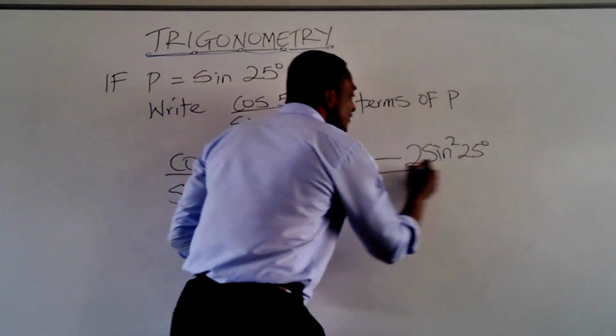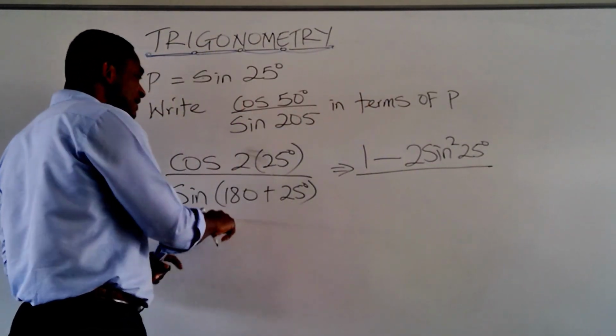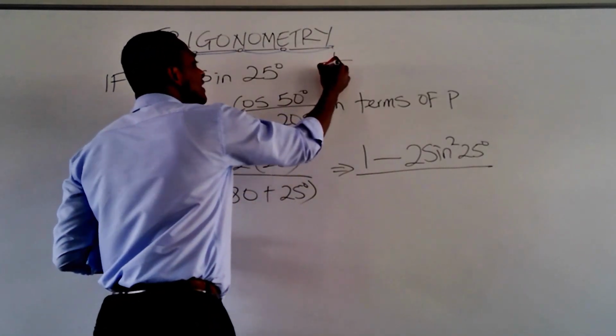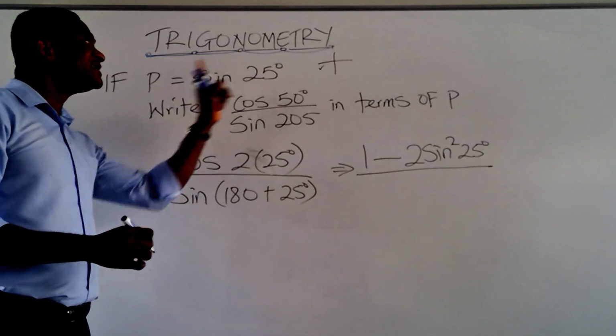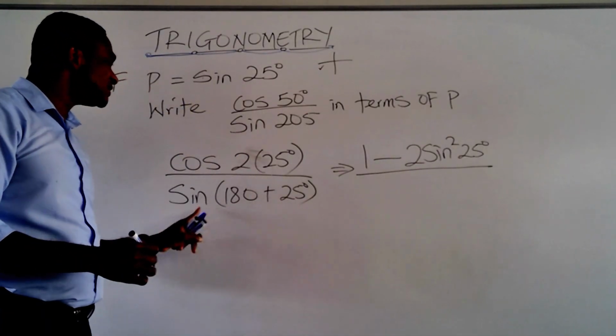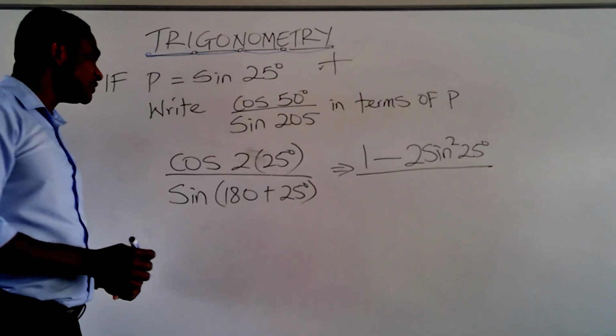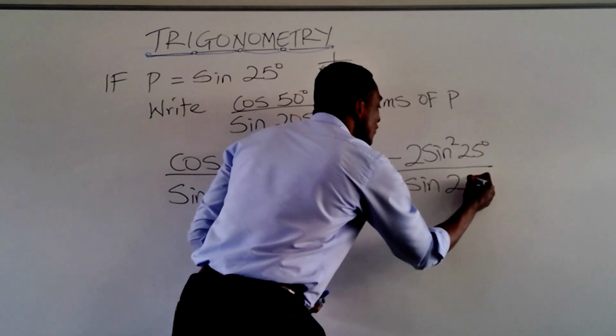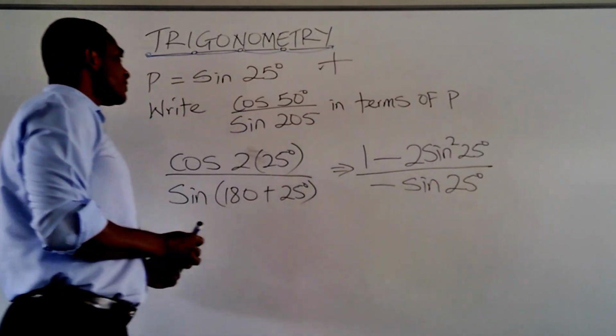Now, that is what we have reduced down to, divided by, this is reduction formula, 180 plus anything falls on the third quadrant, and the identity for sine has a negative value on the third quadrant, so this will return negative sine of 25 degrees.